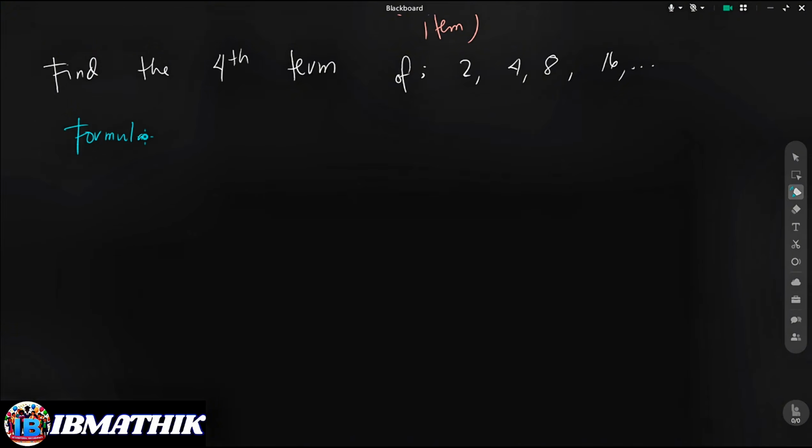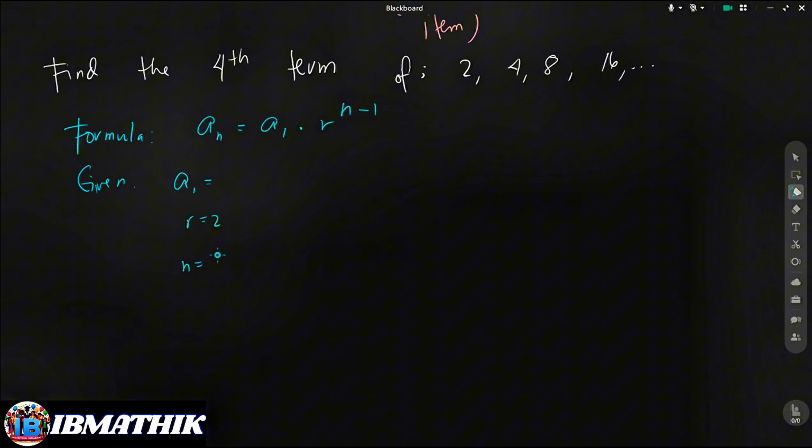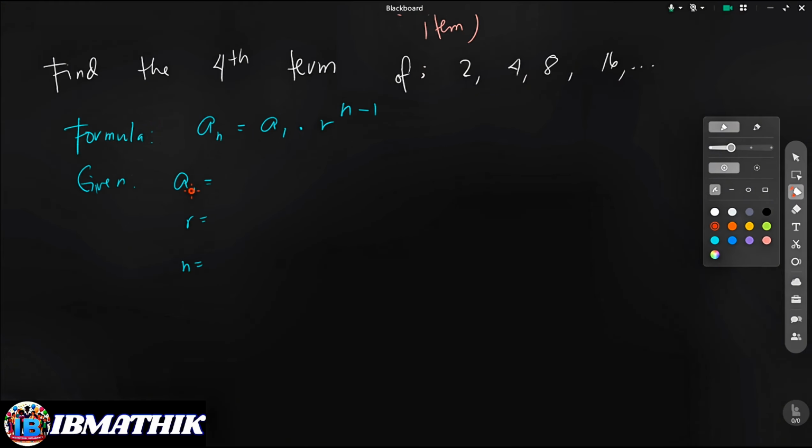Okay, so let's have the formula first. Our formula again for the geometric sequence is a sub n equals first term times r to the n minus 1. So let's write all the given: first term, the ratio, and the n.